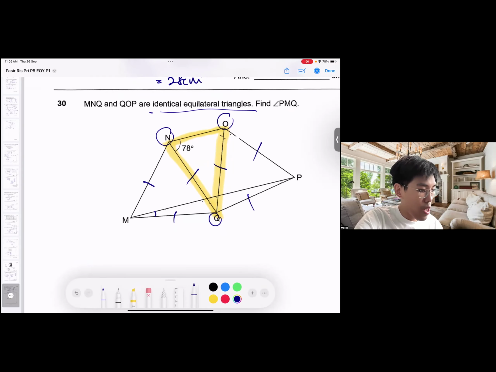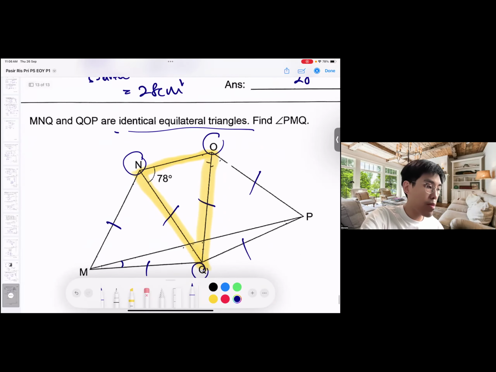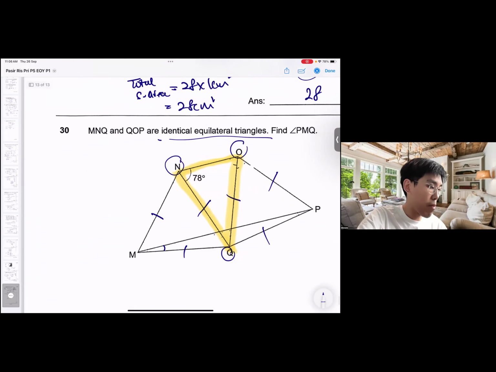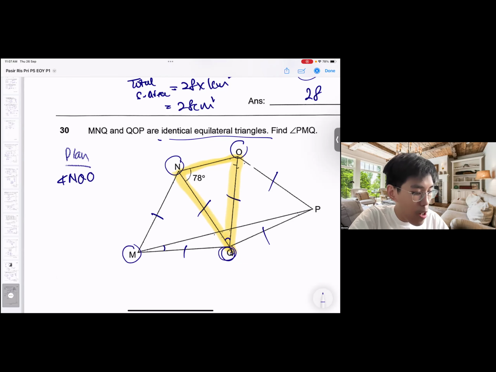Okay, so from here we can solve a lot of things really. How? Because our idea, okay, so for same thing, let's come up with a plan first. The plan here is to find NQO. Why? To find NQO. I want to come over here so that if you see carefully, MQP is also isosceles triangle as well.